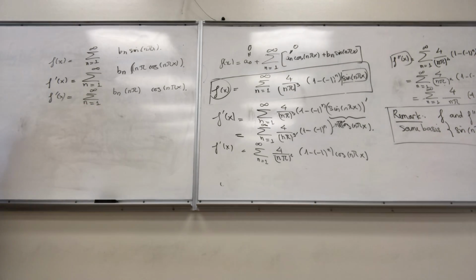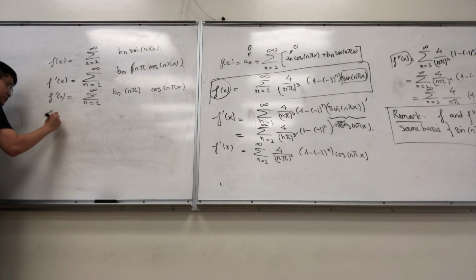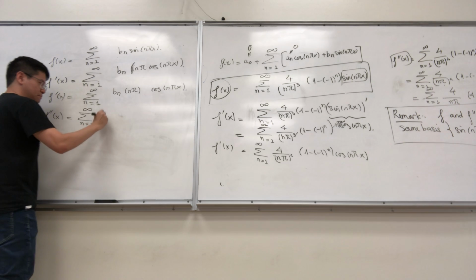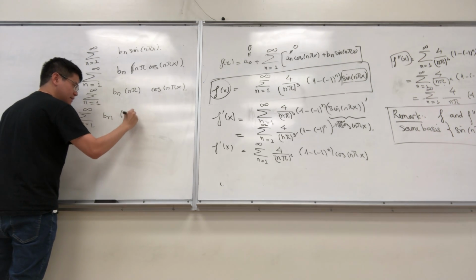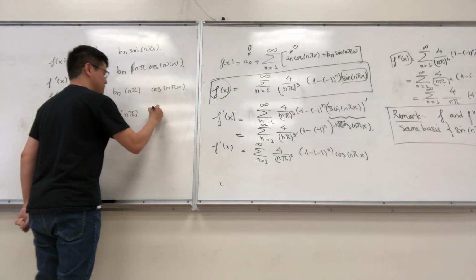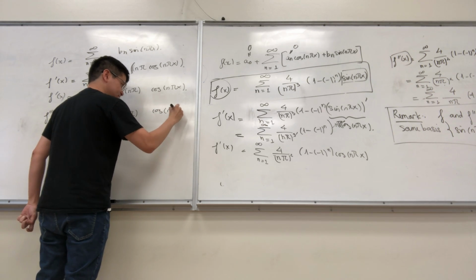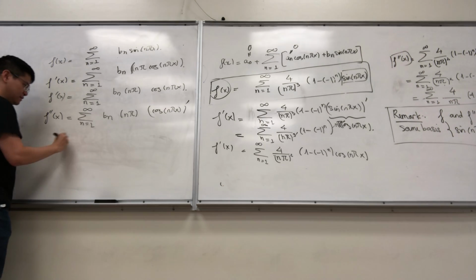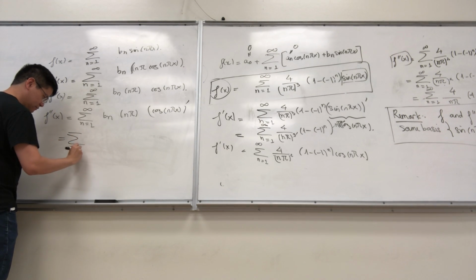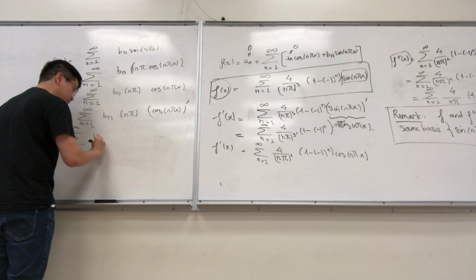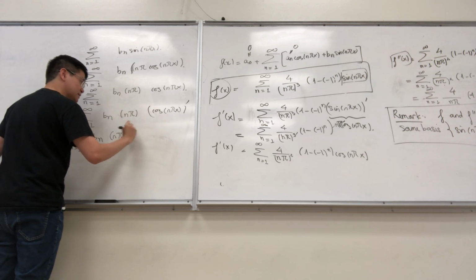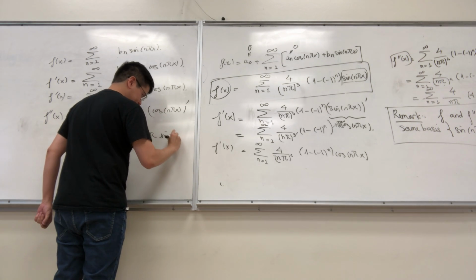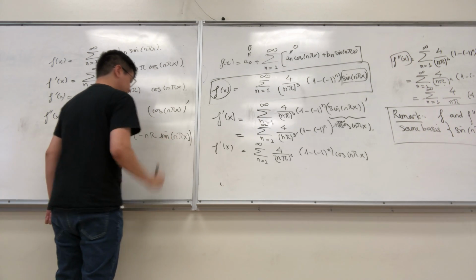Now, the second time we differentiate, we're going to get b_n n pi, but we're going to take the derivative of cosinus of n pi x. And this gives me the sum from 1 to infinity of b_n n pi times minus n pi sinus of n pi x. Right?